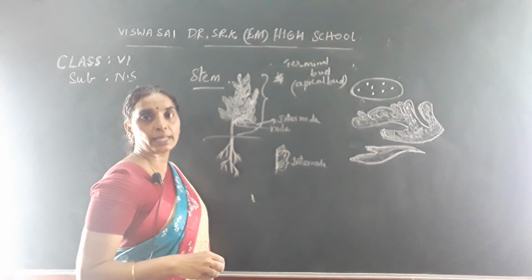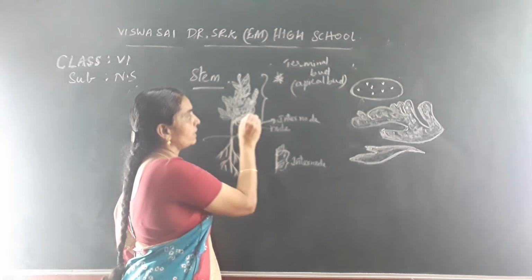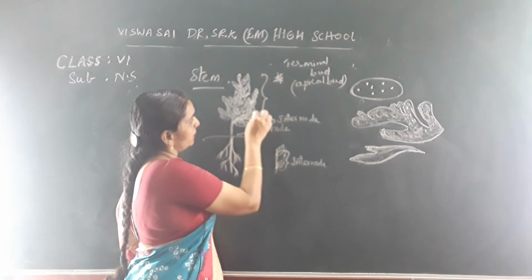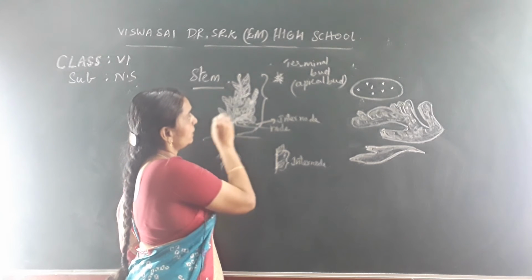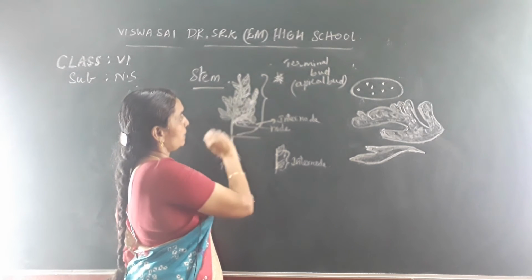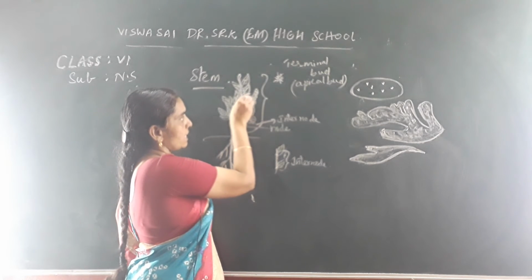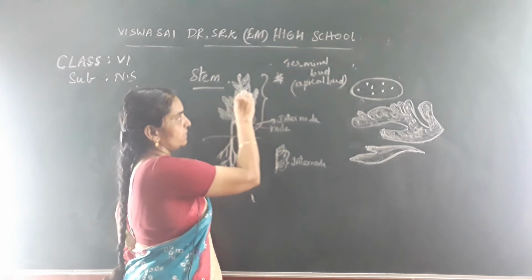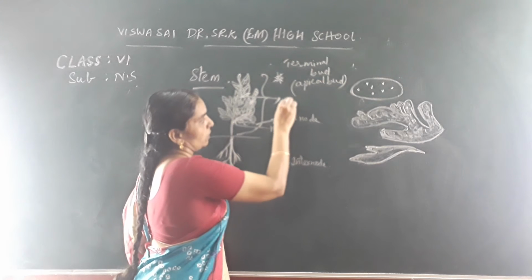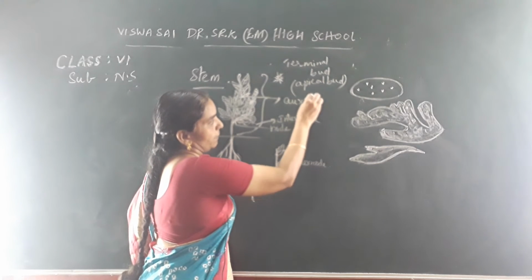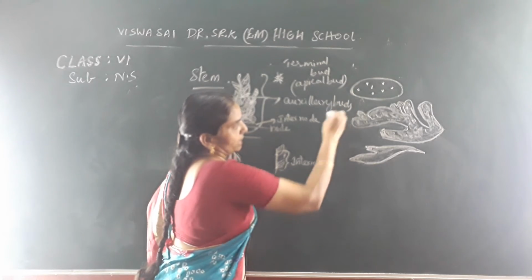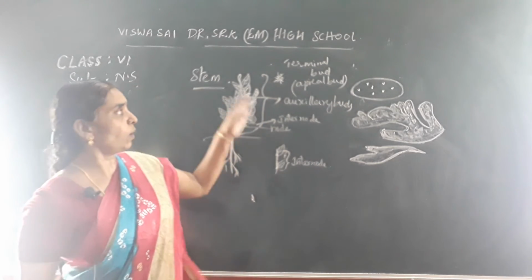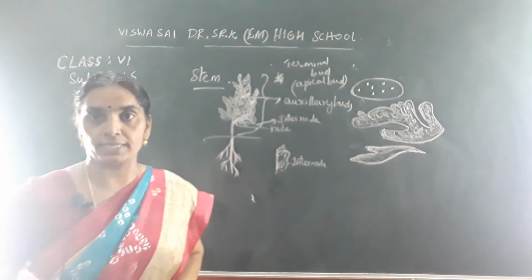The buds that arise at the axils of the leaves, the bud that arises here at the axil of the leaf, this part, are called axillary buds. What are they called? Axillary buds. So you see all this in the shoot system.